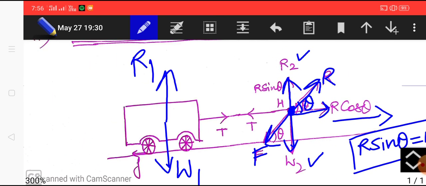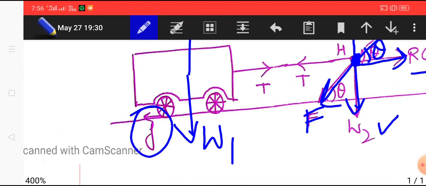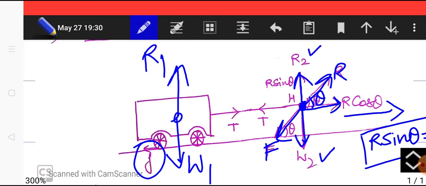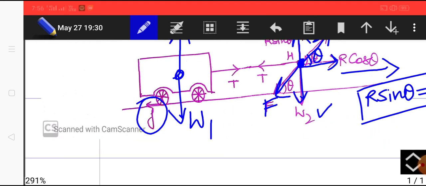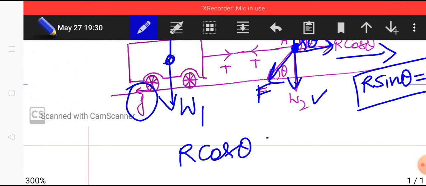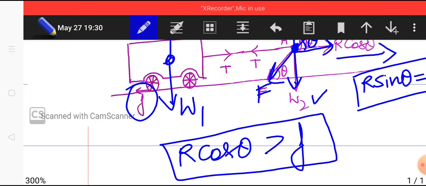Now R cos theta is available for moving forward, where small f is indicating the force of friction on the wagon or the cart. You will study force of friction in coming topics. So the cart will move only if R cos theta is greater than the force of friction, otherwise the cart will not move.